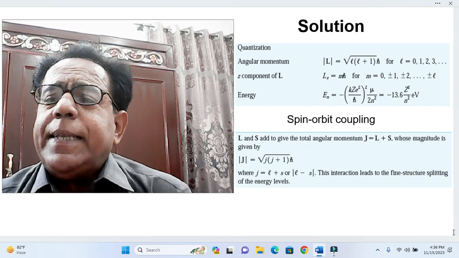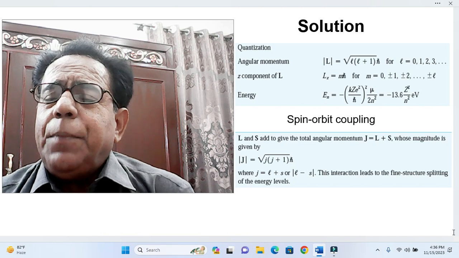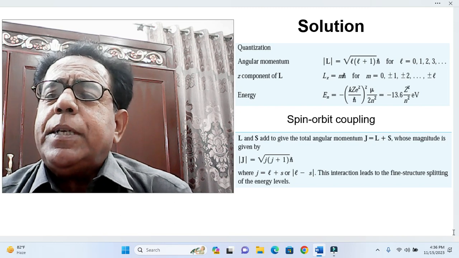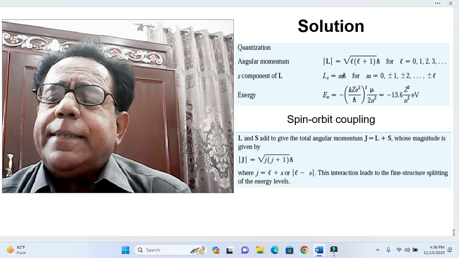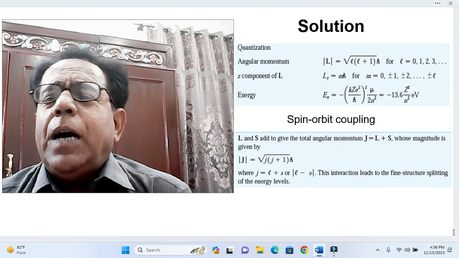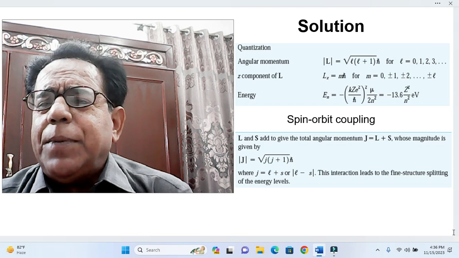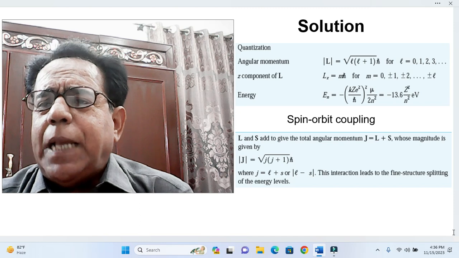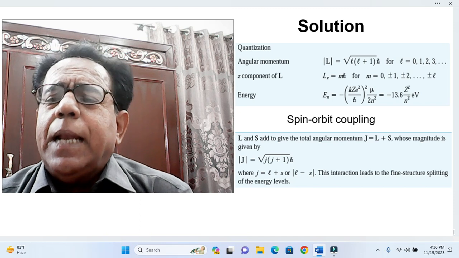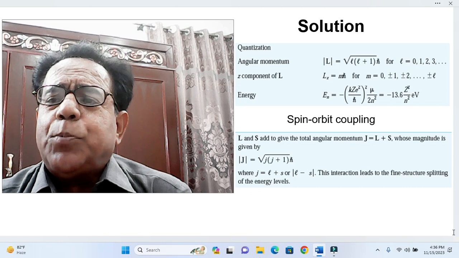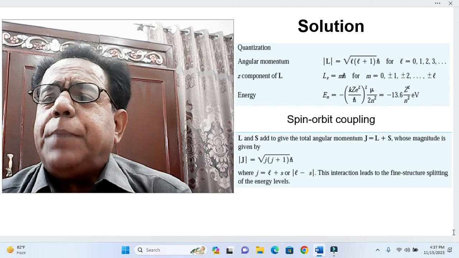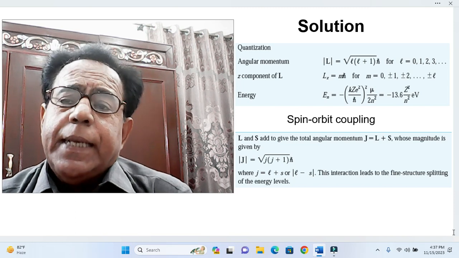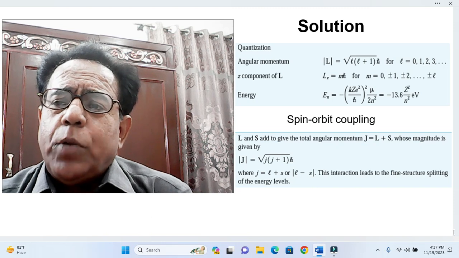Here, small m is written in some books as m subscript l. However, it does not make much difference whether we denote it by simply m or by m subscript l, for m equal to 0, plus minus 1, plus minus 2 and so on up to plus minus small l.